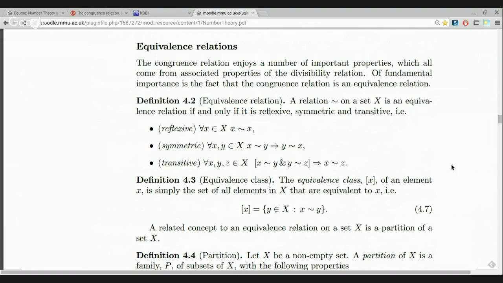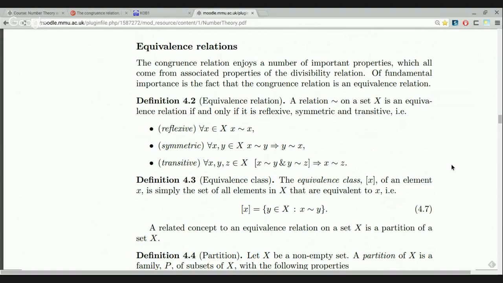And any time you have an equivalence relation on a set, what it does is group together all of the elements that are equivalent to each other. So this is some big set X, and all these elements are equivalent to one another. Here's a lot of other elements that are equivalent to one another, but not equivalent to any of those.